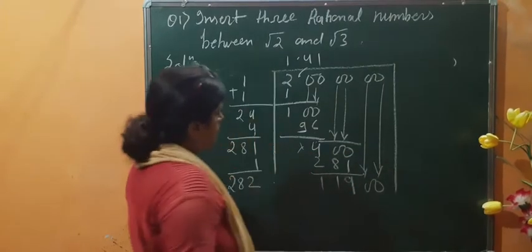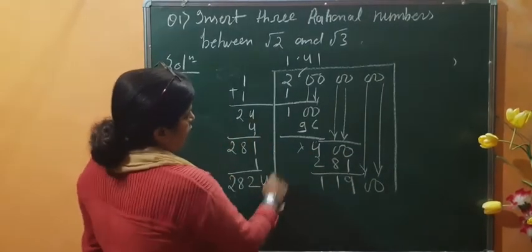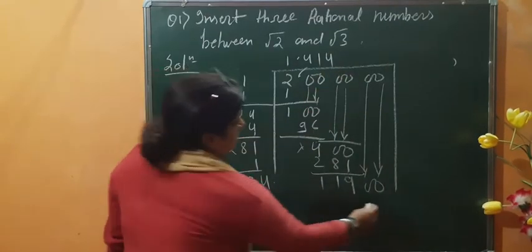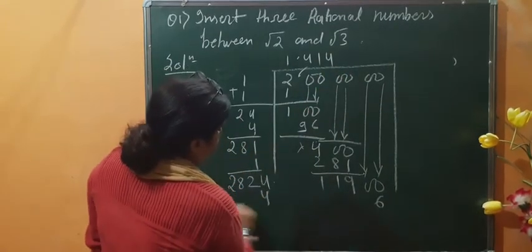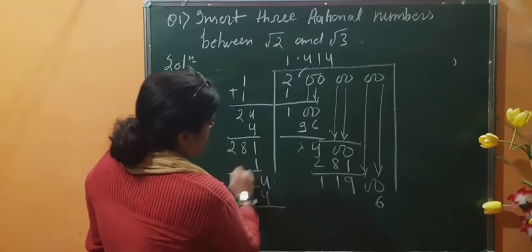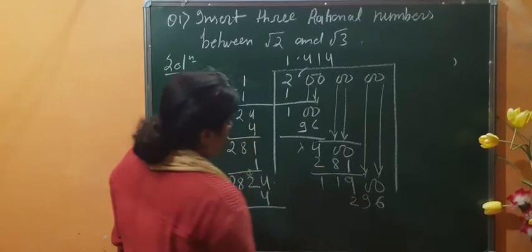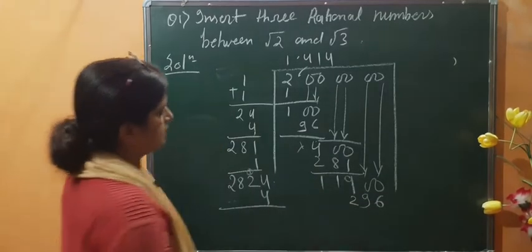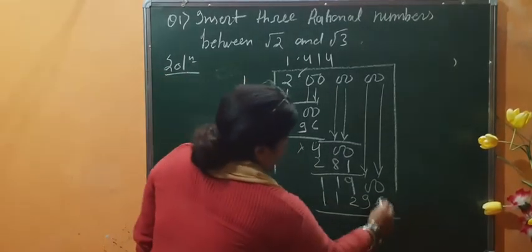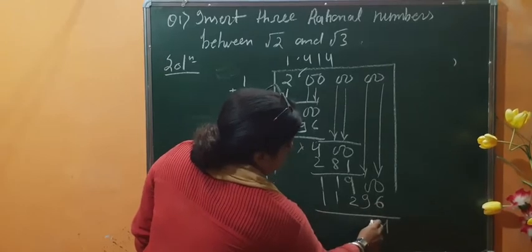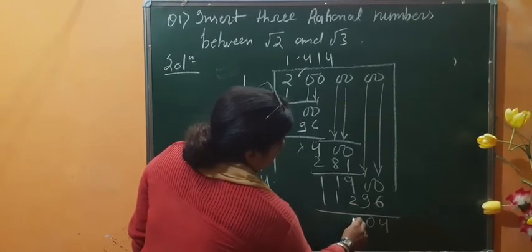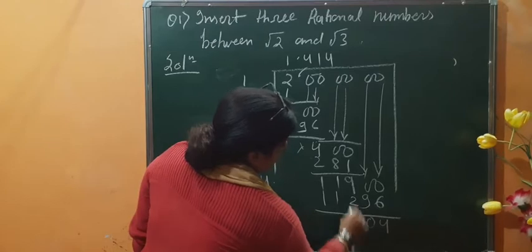So now 4 fours are 16, remainder is 1, 4 twos are 8, and 1 is 9. 4 eights are 32, remainder is 3, 4 twos are 8, and 3 is 11. So it is 4 and 0, and here is 6.